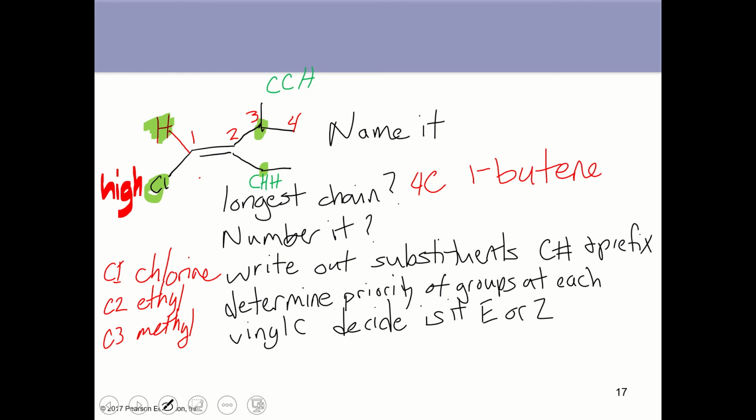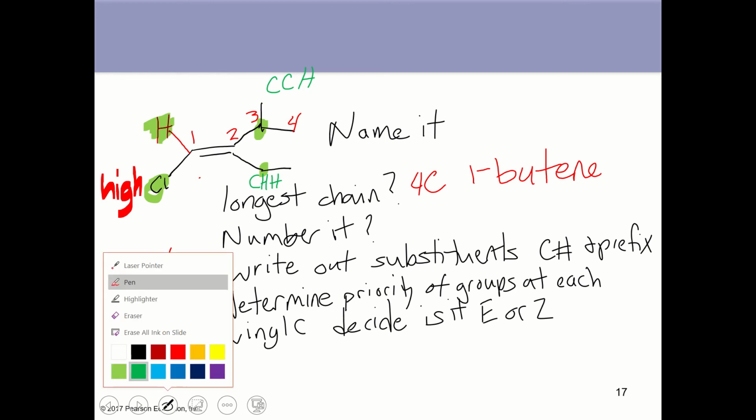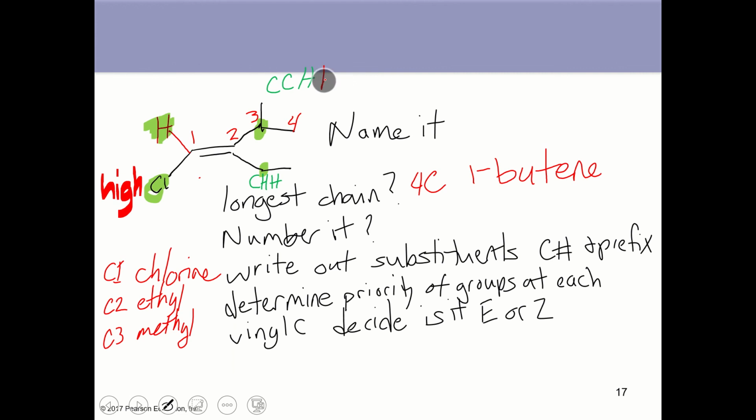I need to determine this by highest number of atoms with highest atomic number. If we determine this by highest number of atoms with highest atomic number, then the top group is the high priority group, and the bottom group is the low priority group.